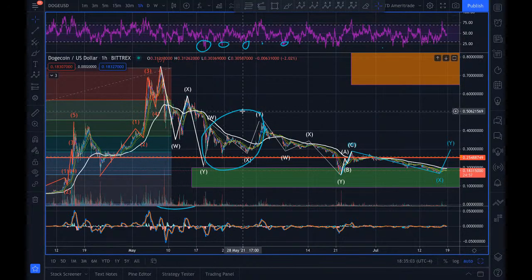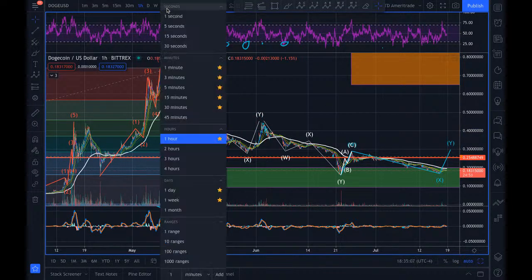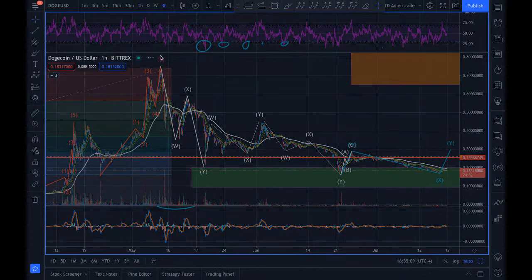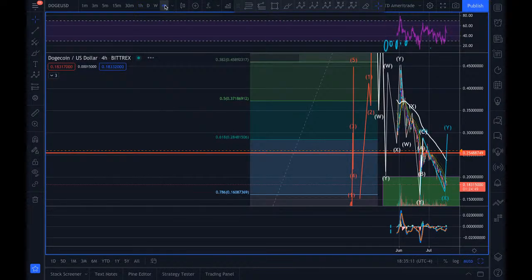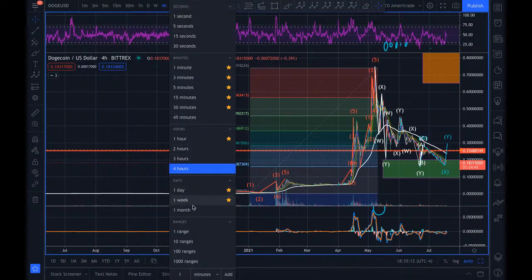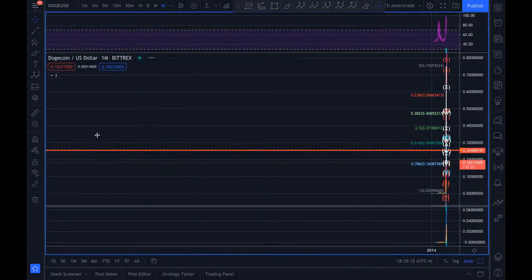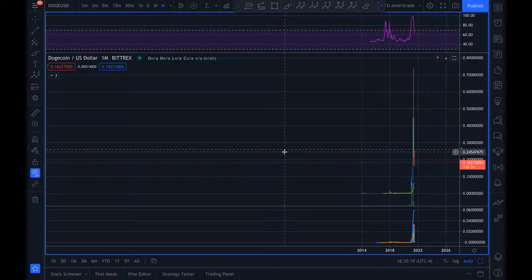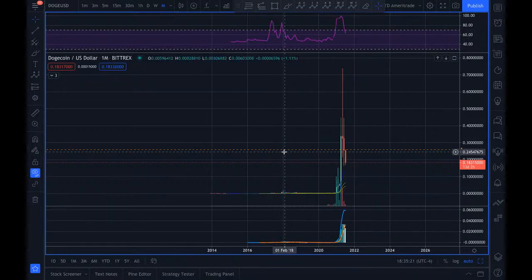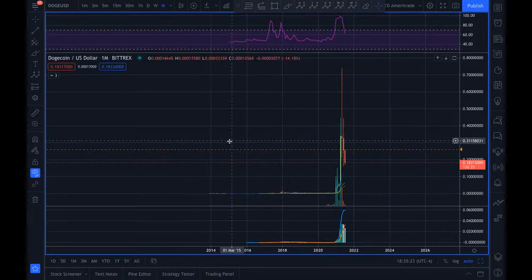So if you look on the monthly chart, oops, that wasn't the monthly. If you look at the monthly chart and turn off the drawings, look at the monthly chart. So what wave is that?